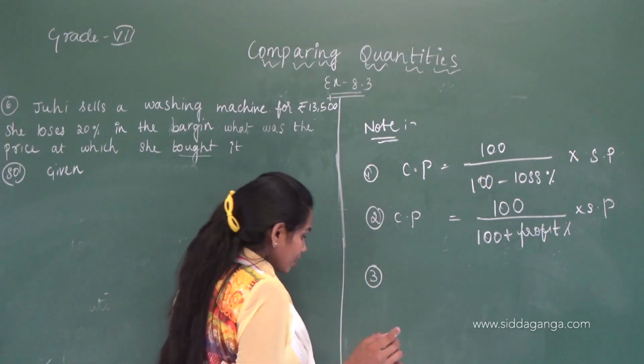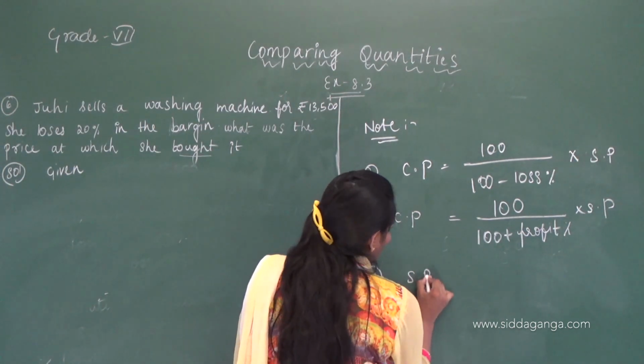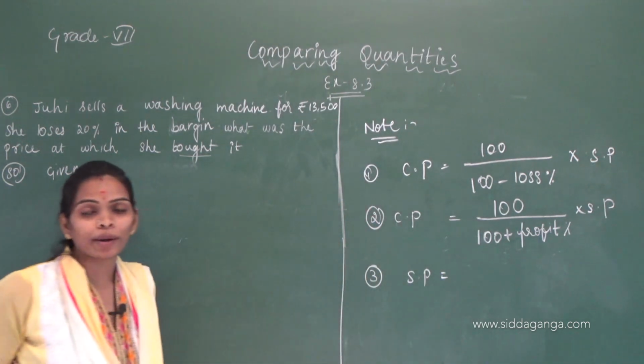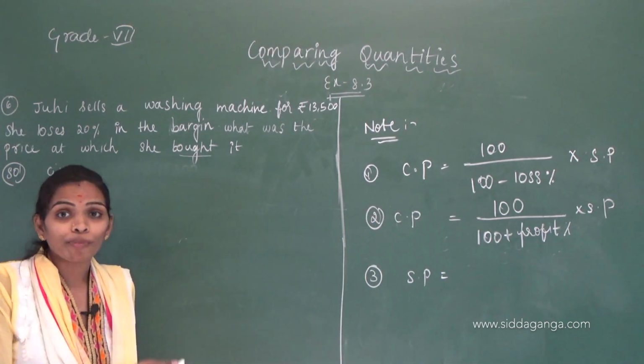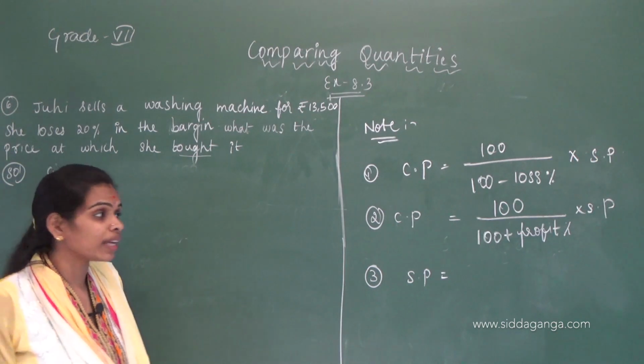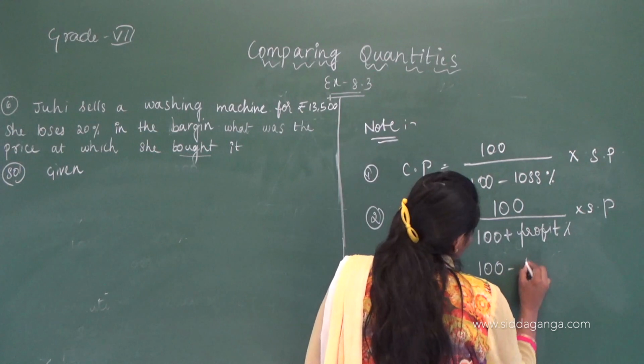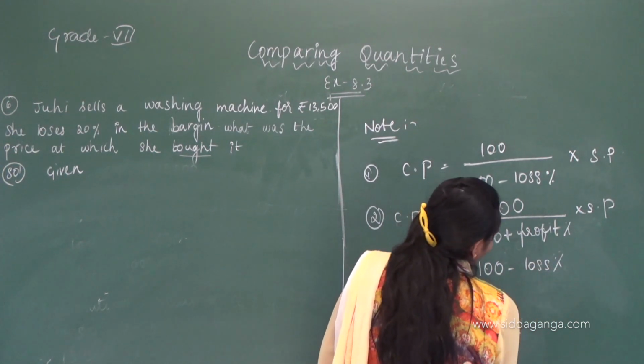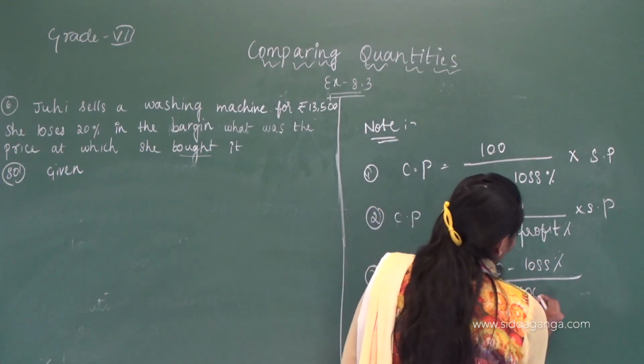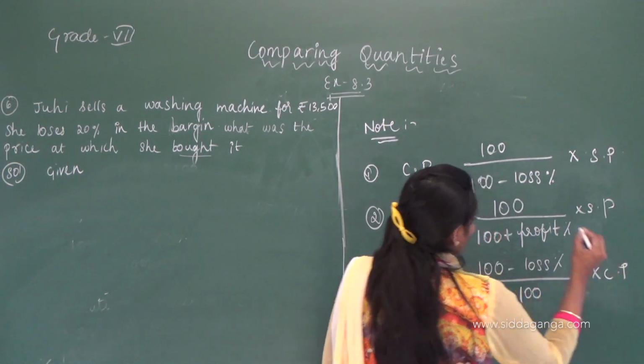And then third one, SP means selling price of a particular item. If they give profit percentage or loss percentage in the question, then SP equals 100 minus loss percentage divided by 100 into CP.